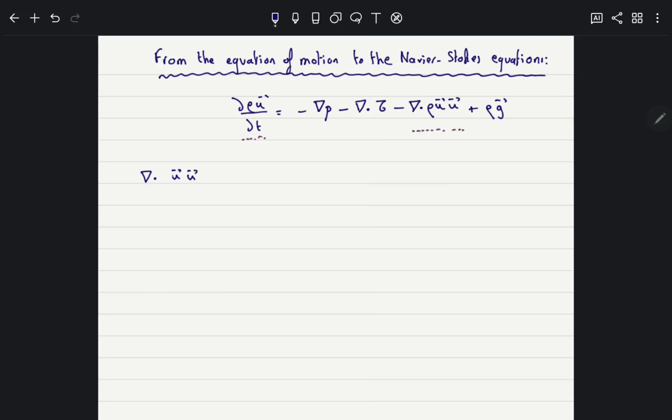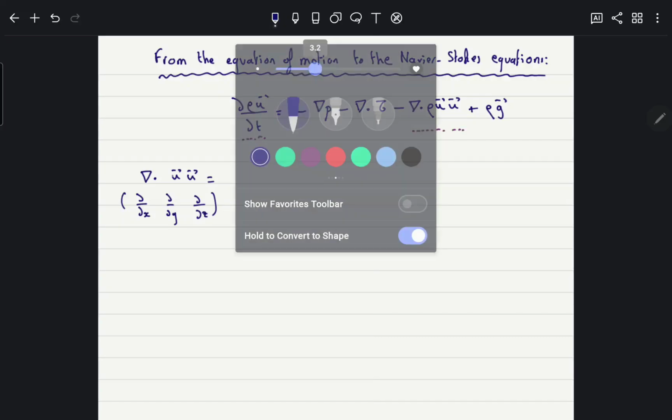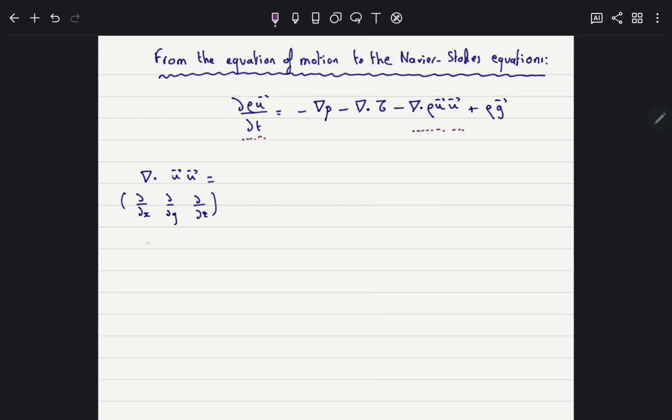So this equals, the nabla operator is partial derivative with respect to x, partial derivative with respect to y, and partial derivative with respect to z. So that's essentially a 1x3 matrix. Okay, so that's basically a vector, right?